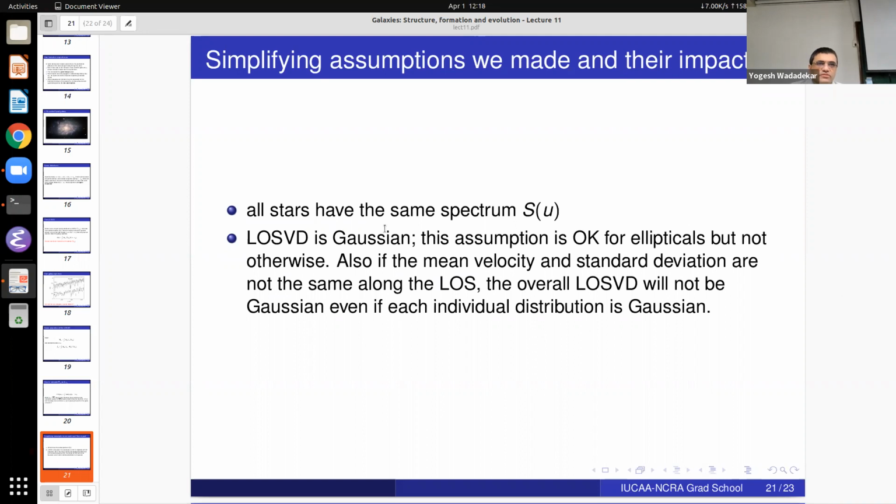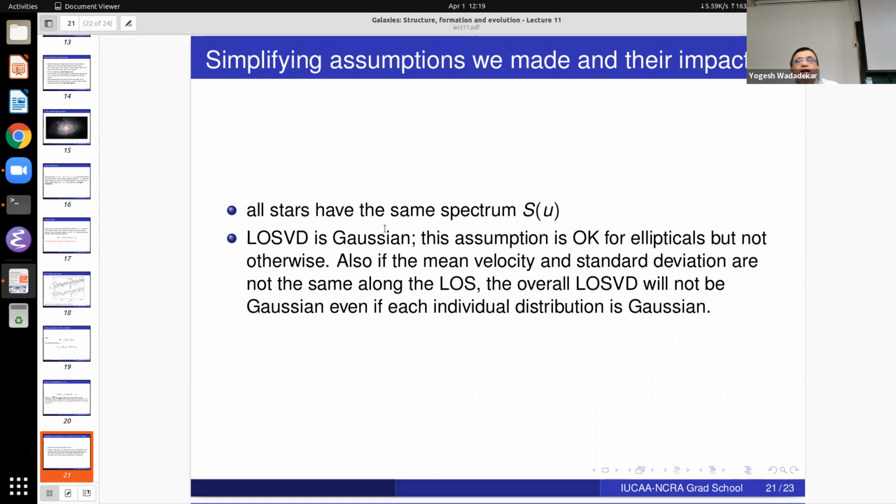So we have made this thing. This assumes that all stars have the same spectrum. Now, this obviously is a wrong assumption, but need not be totally wrong. Why?